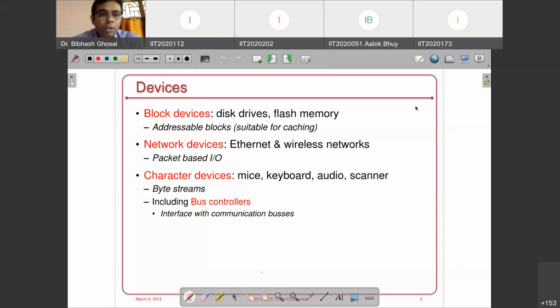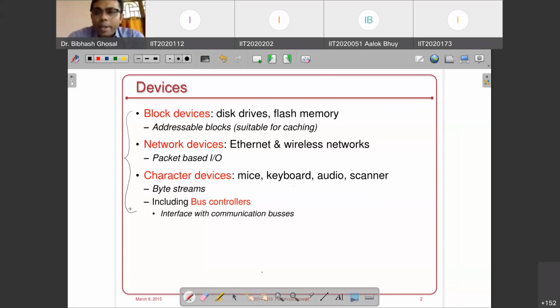So all these devices get connected to the CPU, and all of them have to be accessed. Now you cannot have a separate access mechanism for different devices, right? There must be a very generic way of accessing them. So I'll show you what exactly is the mechanism for doing that.